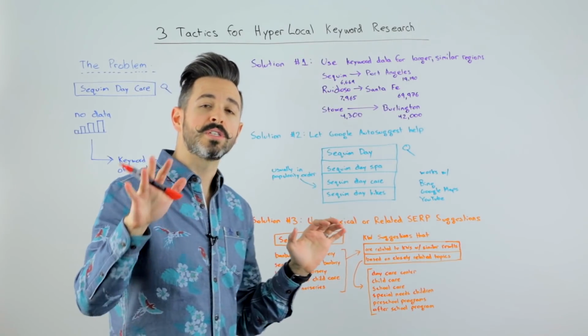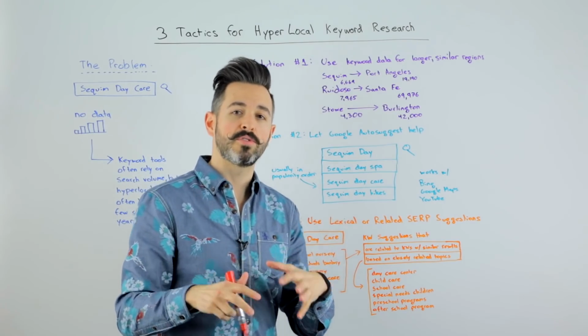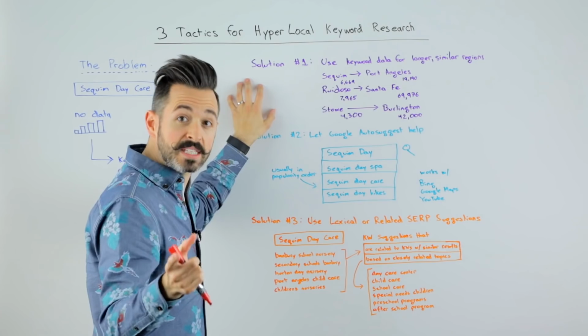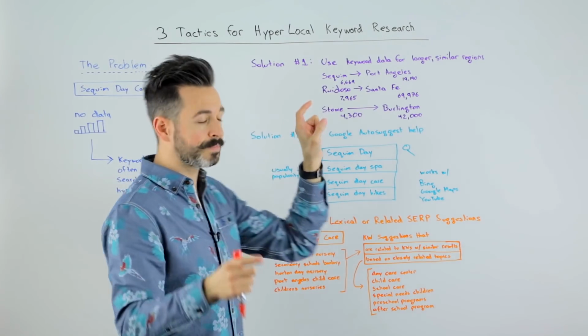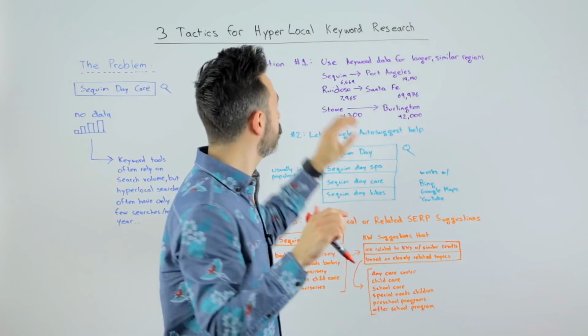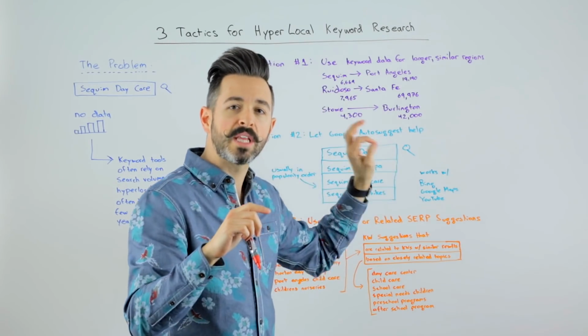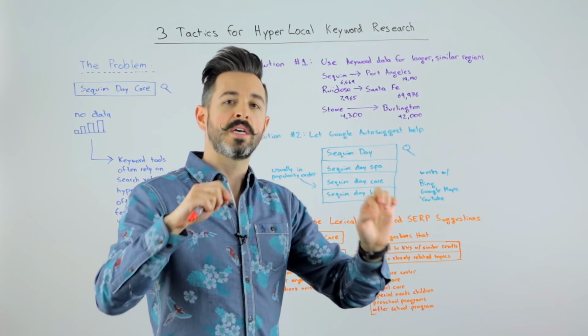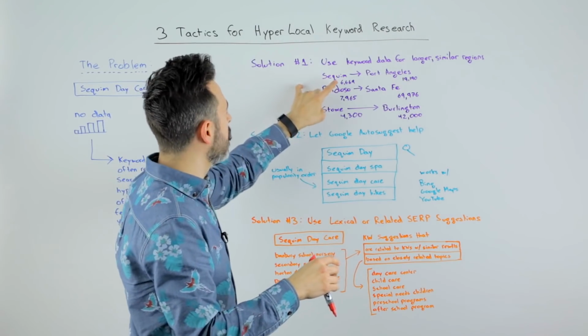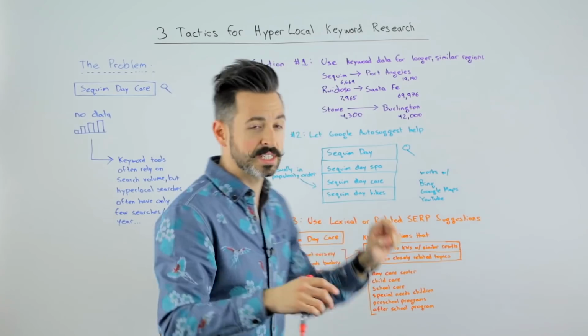There are 3 solutions that we've seen professional SEOs use and that some of us here at Moz use and the Moz local team uses, and these can be real handy for you. So first one is to basically replicate the data by using keyword information that comes from similar regions nearby. So let's say, okay, here we are in Sequim, Washington, population 6,669.